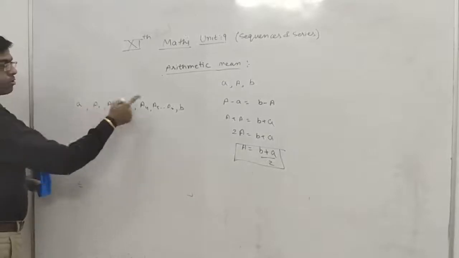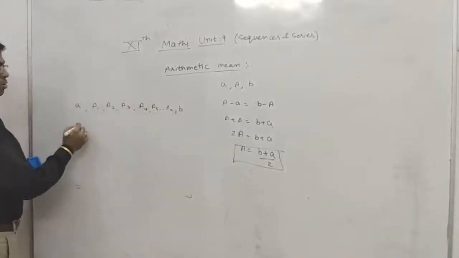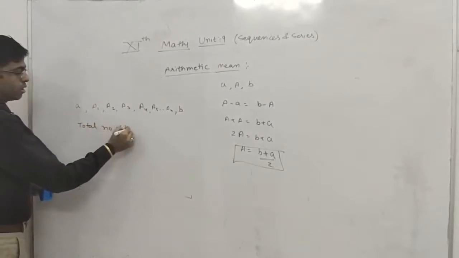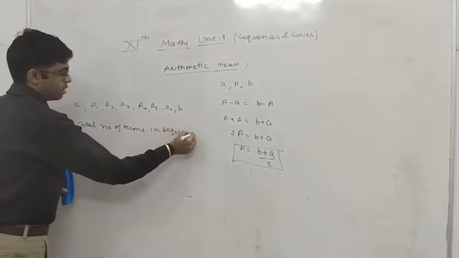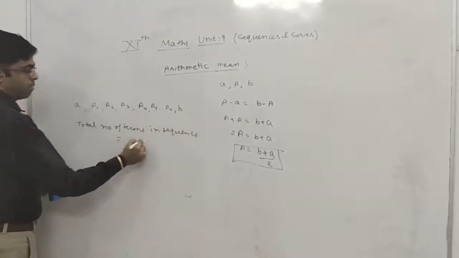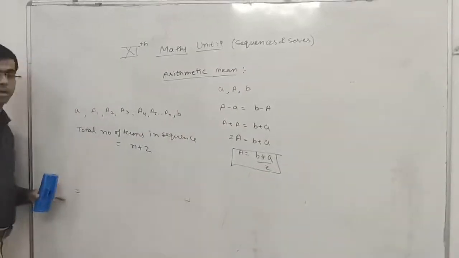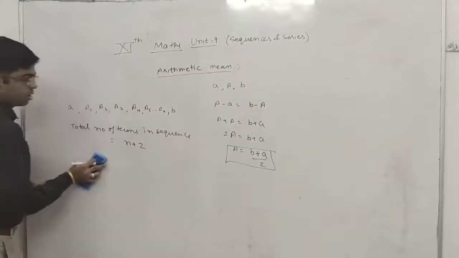First of all, we know that the last term is B. So total number of terms in the sequence is n plus 2. These are the n numbers and these are the two numbers given. So n plus 2 is the total number of terms.